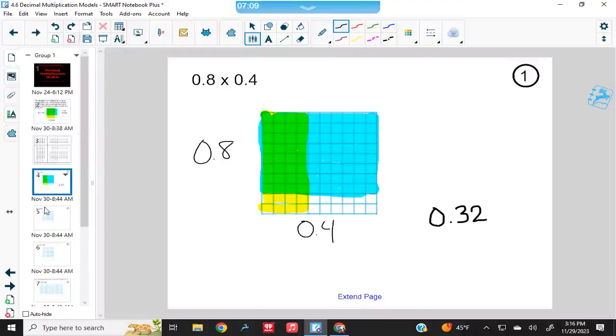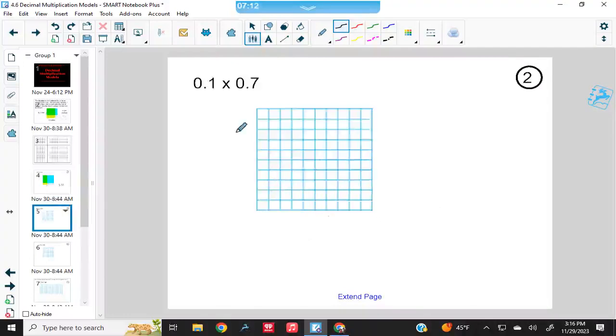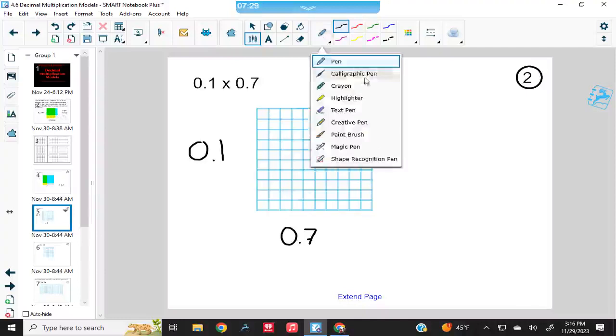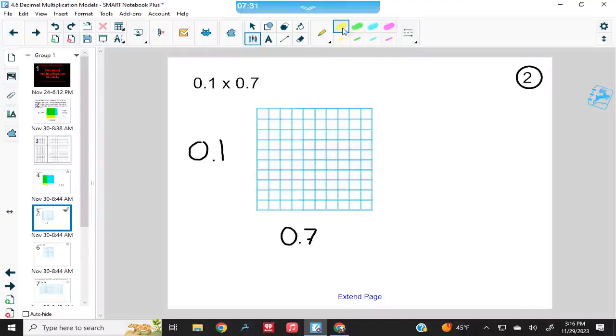All right, let's try the next one. The next one is 0 and 1/10. So we're going to put that guy over here, 0.1. And then down here we're going to put 7/10. Okay, so I'm going to come back to my highlighter. We'll go yellow.